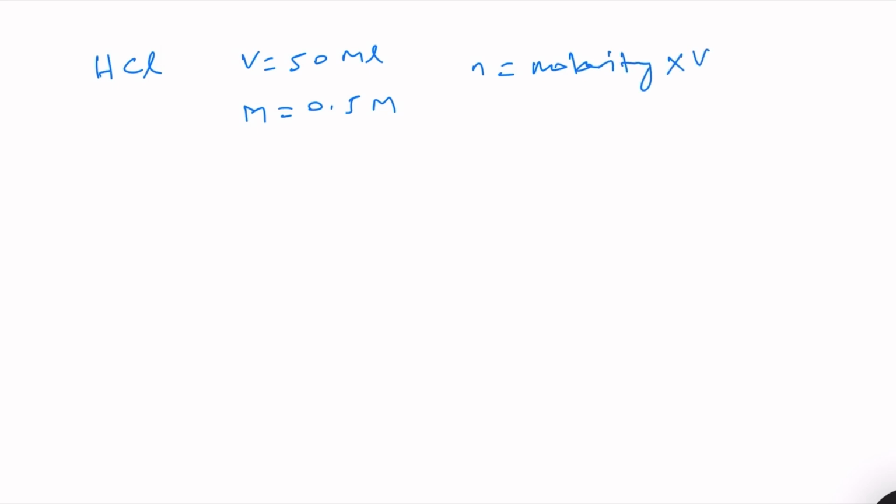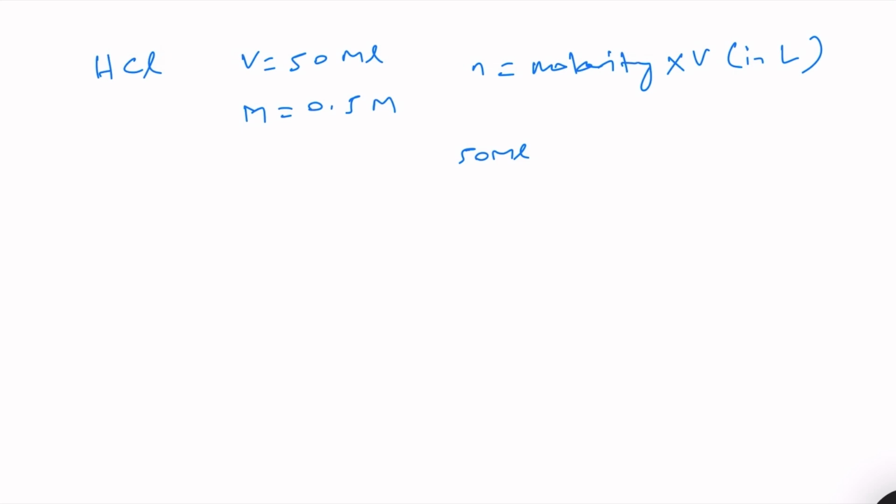For HCl, what is the information given? Volume is 50 milliliter, molarity is 0.5 molar. We know that number of moles is equal to molarity times volume in liter.